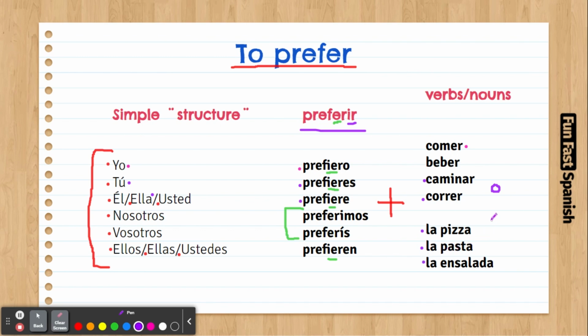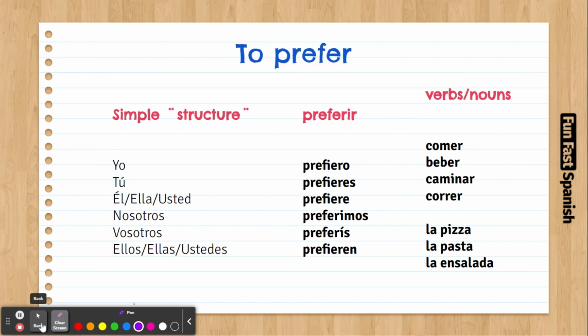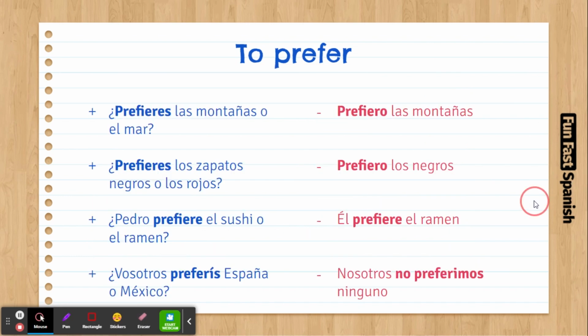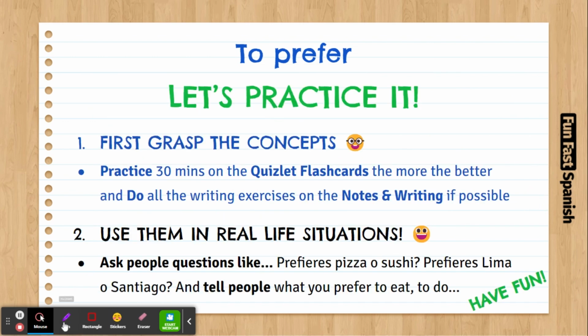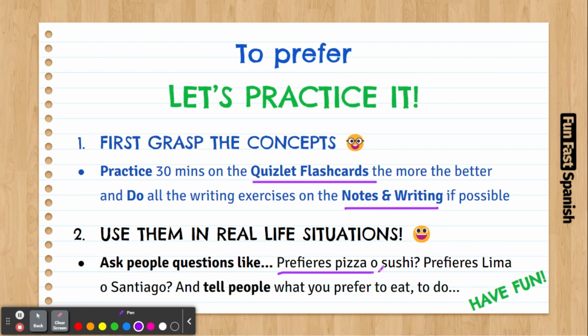Okay, so that's pretty much the verb to prefer. To use it on the street, in real life situations, well, first of all, you do your Quizlet flashcards. This is very important. Notes and writing if you have time. And to use them in real life situations, just ask people questions like, ¿prefieres pizza o sushi?